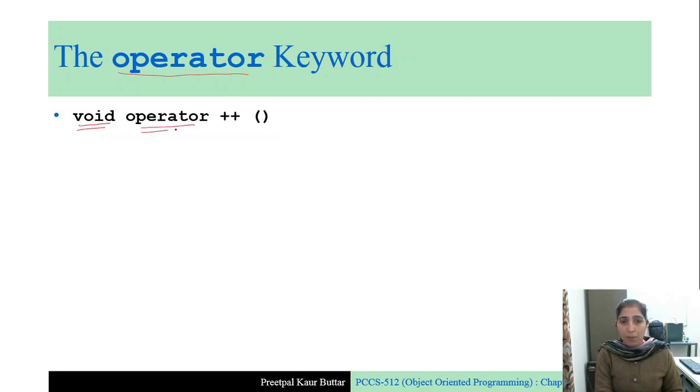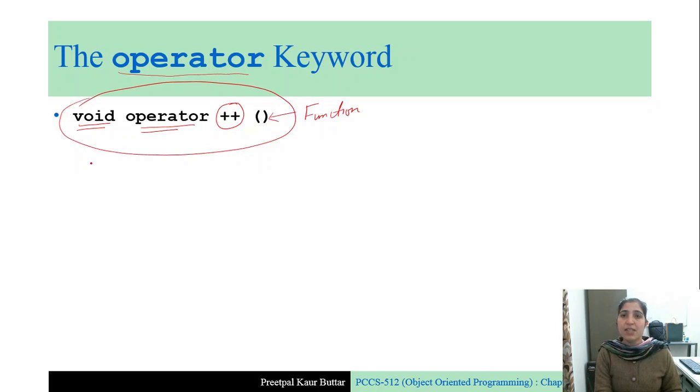Then we have this operator keyword, and then we write the operator which we want to overload. Here what are we doing? We are overloading the increment operator, and then we have the parenthesis. So this parenthesis is the indicator that this is a function. This is actually a function. But this is a special function. Why a special function? Because this is used to overload an operator.